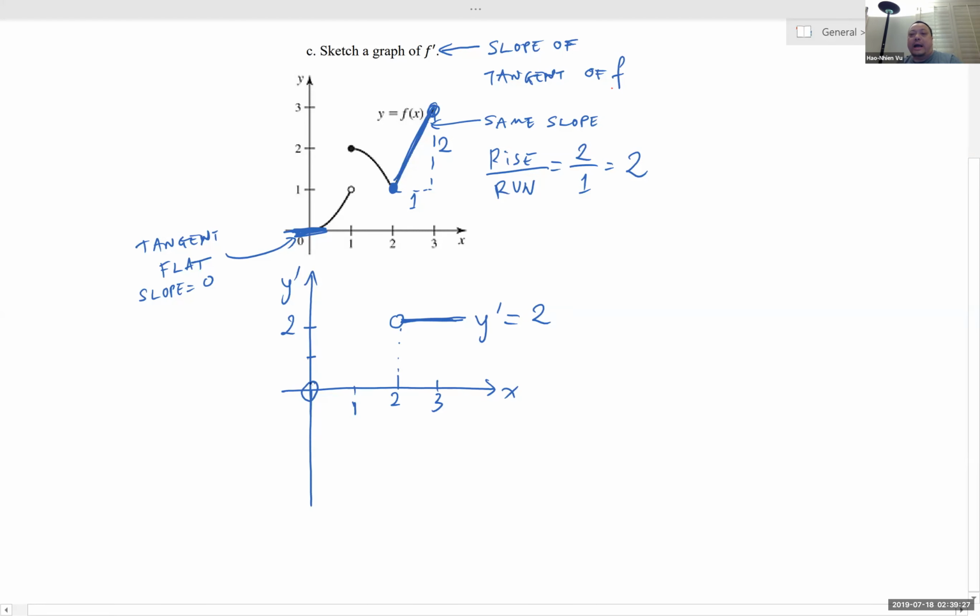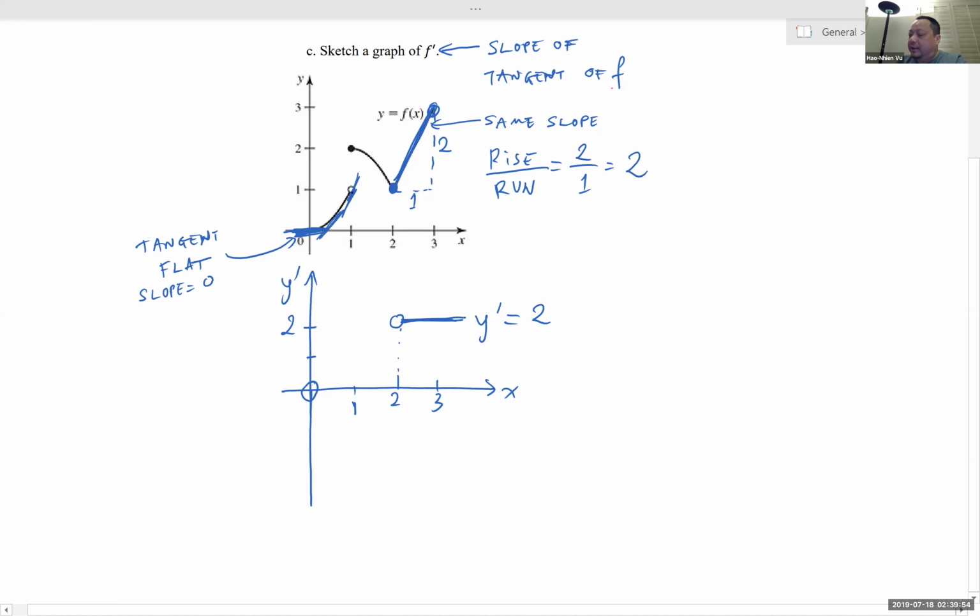Okay. And what happens to the tangent line after that? It starts out flat, and then it increases. It goes up, and I want it to go up like this from left to right, because it starts out flat and it goes higher and higher and higher.